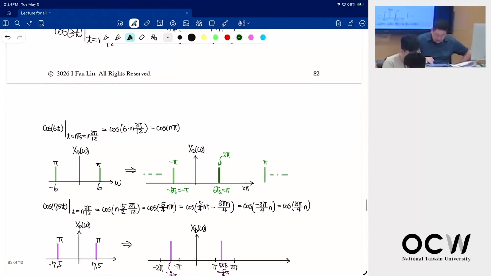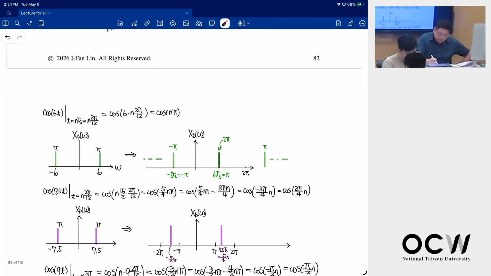Then how about 7.5? We can see why after 6 we have aliasing. So what is cosine 7.5t if we sample at 2 pi over 12? For the Fourier transform, it should be 7.5 and minus 7.5. Then for the discrete time Fourier transform, 7.5 times Ts is 5 over 4 pi and minus 5 over 4 pi.